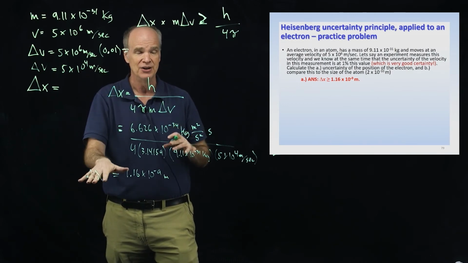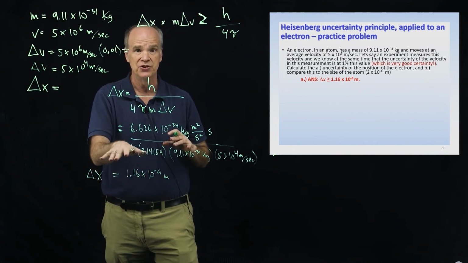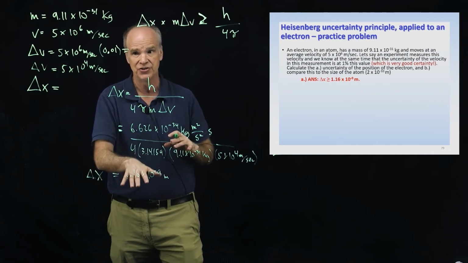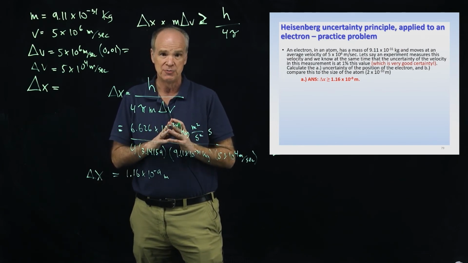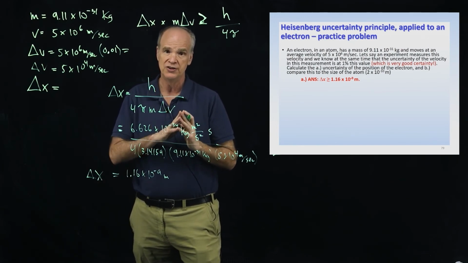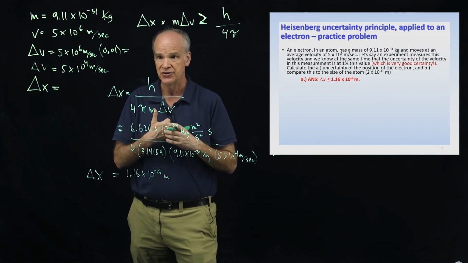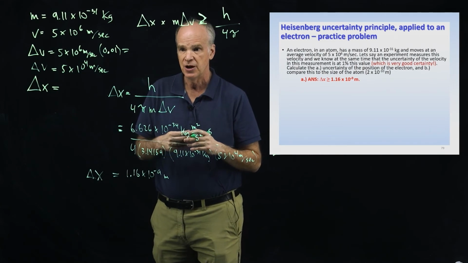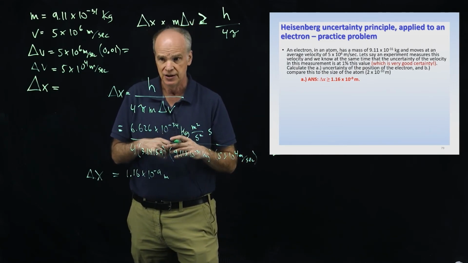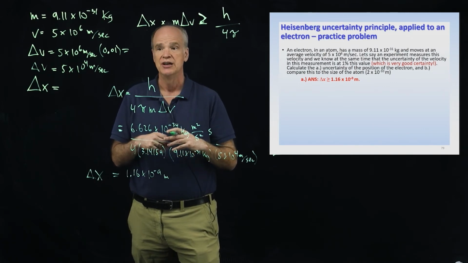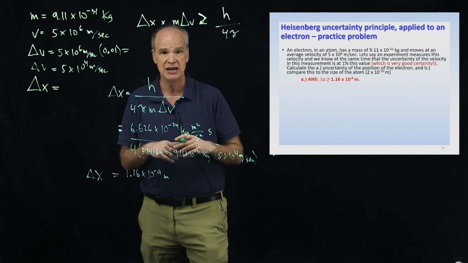So let's evaluate what this range of uncertainty of position of the electron in an atom is. As I mentioned, atoms are very small, typically 0.1 to 0.3 times 10 to the negative 9 meters in size. Here in this problem we have 2 times 10 to the negative 10 meters, which is 0.2 times 10 to the negative 9 meters.